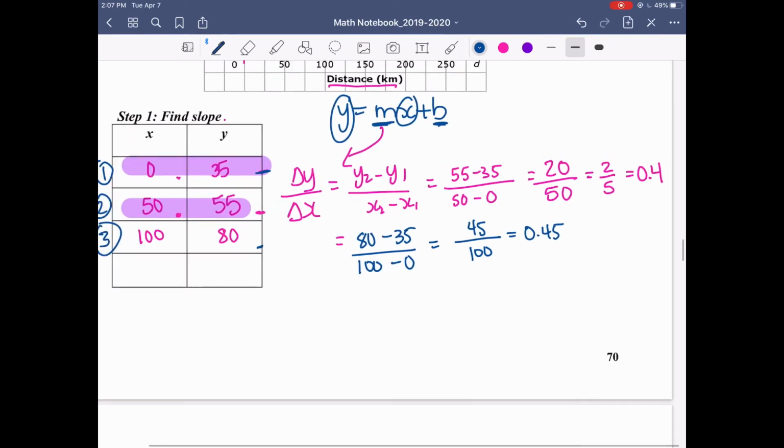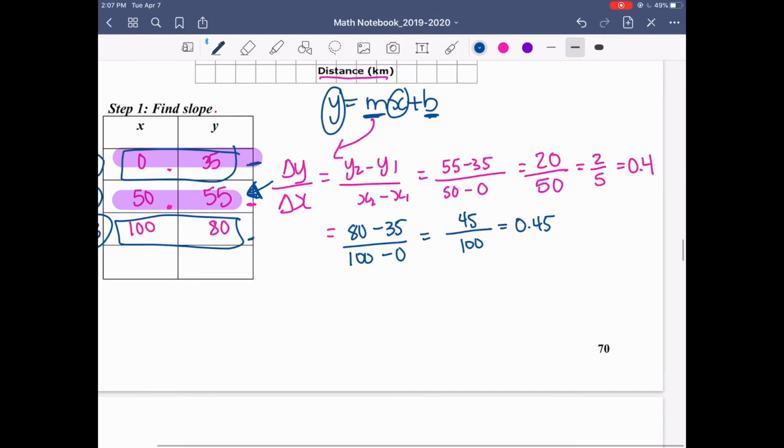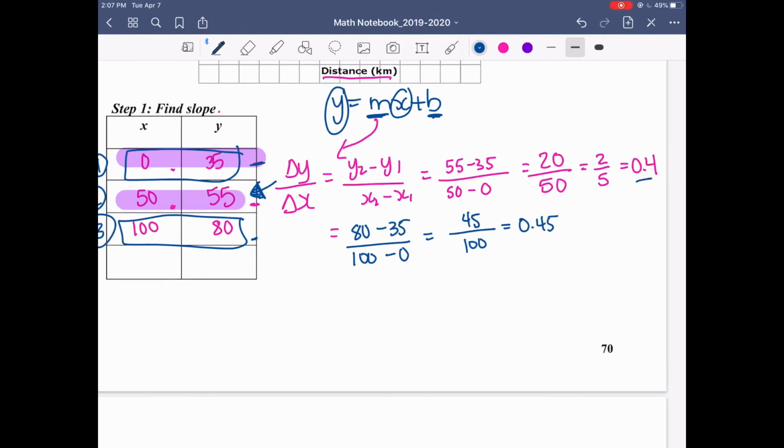So just based on this information, this is probably a more accurate reading of the graph. And I probably messed up on point number 2. It doesn't really matter as long as you can show your work and that you're pretty close, which we are. 0.45 and 0.4 are very close.